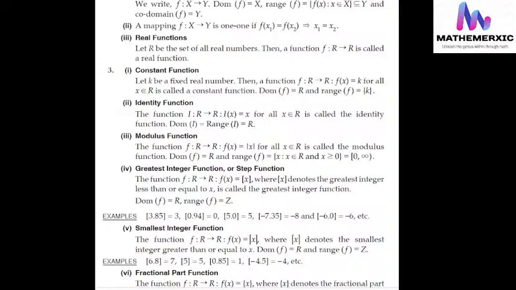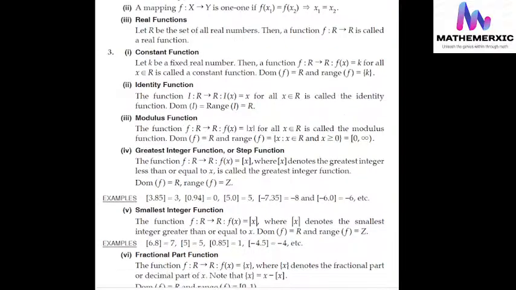So for a constant function, a fixed real number will be there. f(x) = k for x belonging to R is called a constant function. Domain of f is equal to R and range of f is equal to {k}.